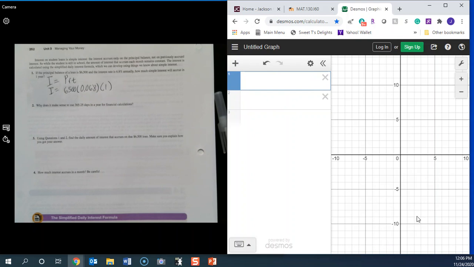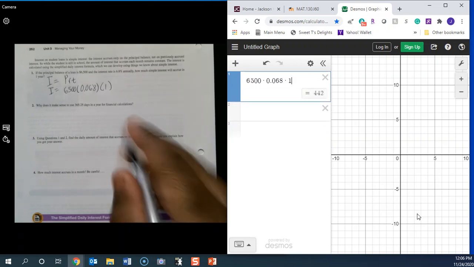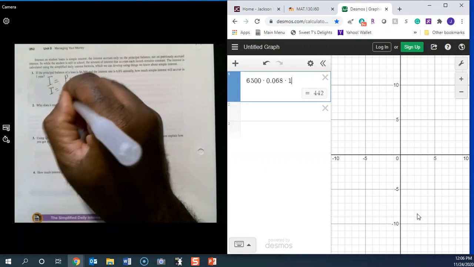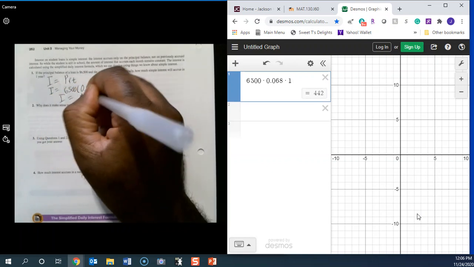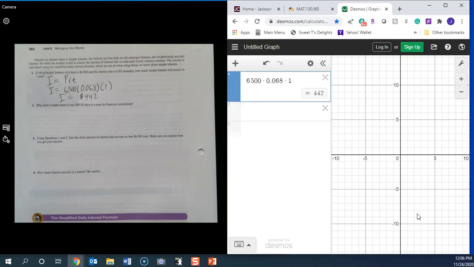We would take the 6,500 and multiply by the 0.068 and multiply that by 1. So our interest for the year would be $442.